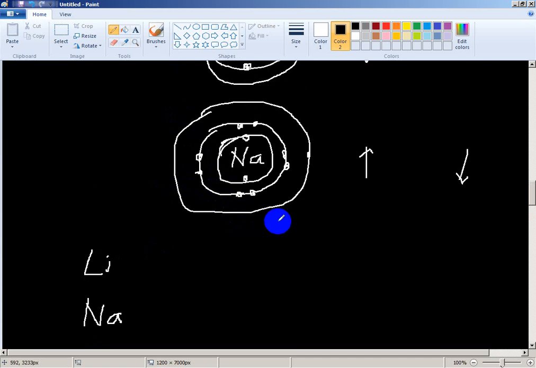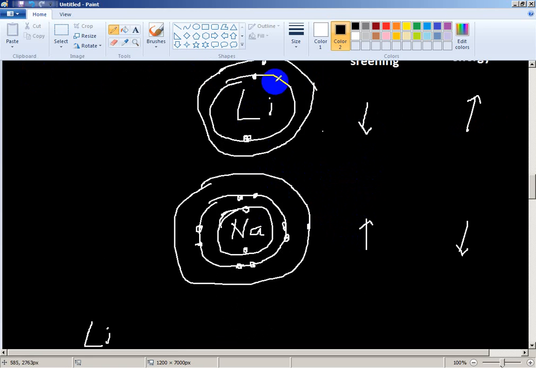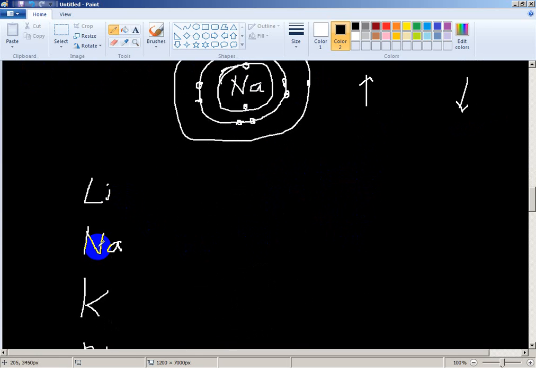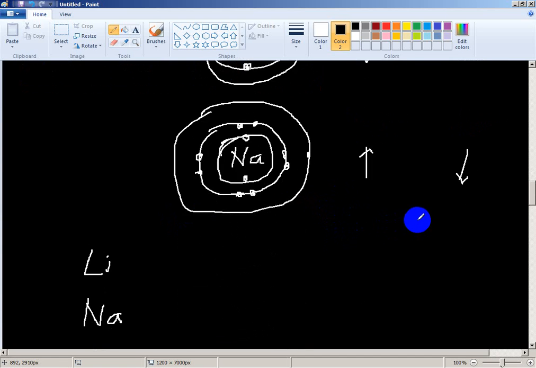You didn't understand maybe. Look: down in a group, the shielding effect increases. Lithium has 2 shells, sodium 3 shells, potassium 4; the shells increase. So down a group, as shells increase, electron repulsion increases, meaning the shielding effect increases. So ionization energy decreases.